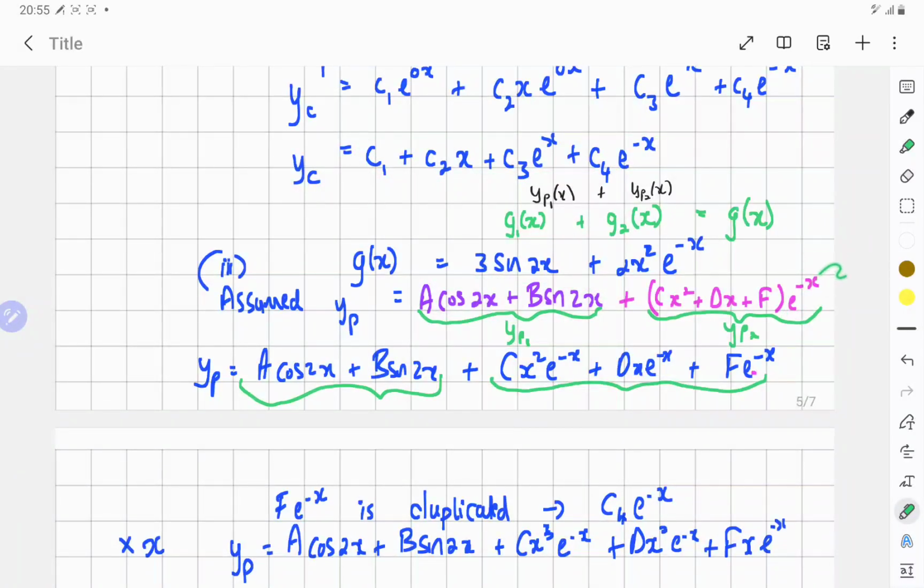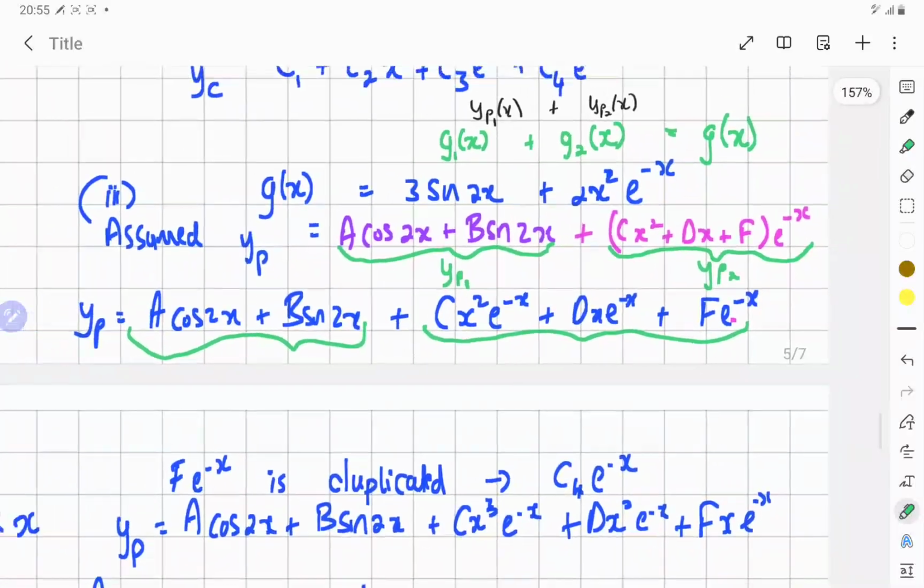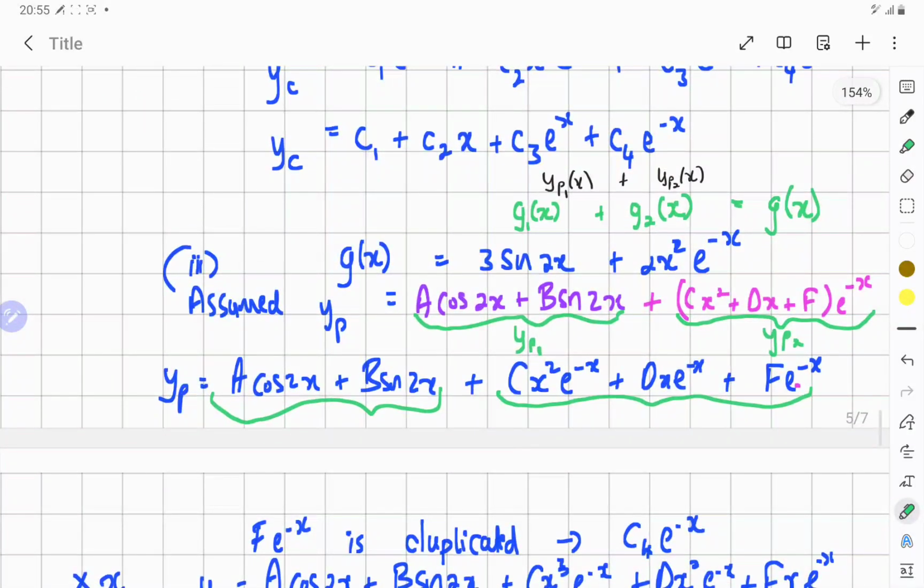Let's look at yp2 assumed. Now I'm going to say a very important thing. It is advisable that you immediately distribute that term in to give you this term. But what you must understand now, I'm still using these brackets here because you're going to see this as one term. What do I mean by this?